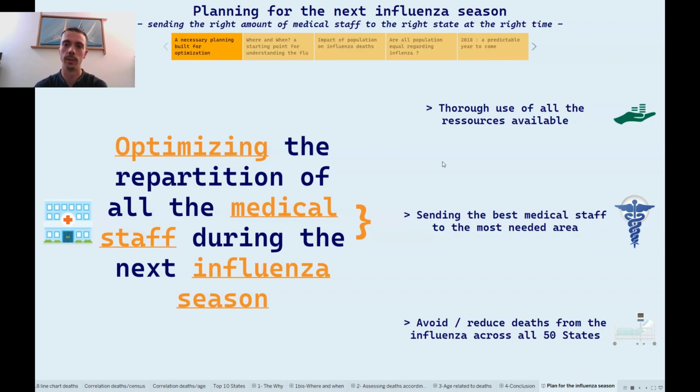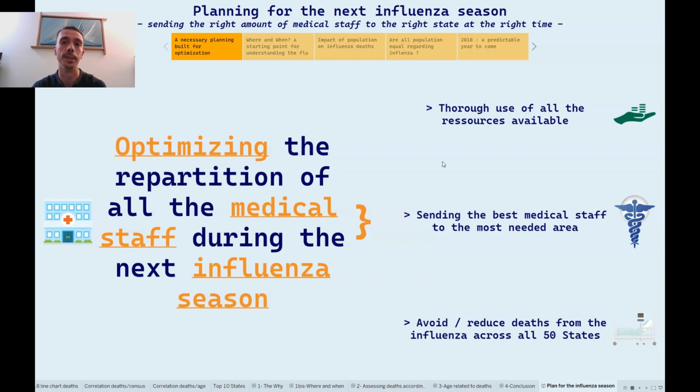A challenge in order to use thoroughly all the limited human resources we have, sending the best medical staff to the most needed area. And the success story would also be avoiding or reducing deaths from the influenza across all 50 states. This calls for a great optimization of the repartition of all the medical staff during the next influenza season.